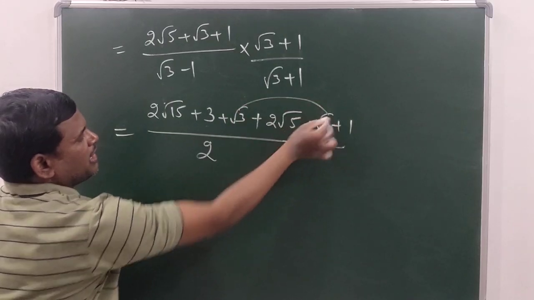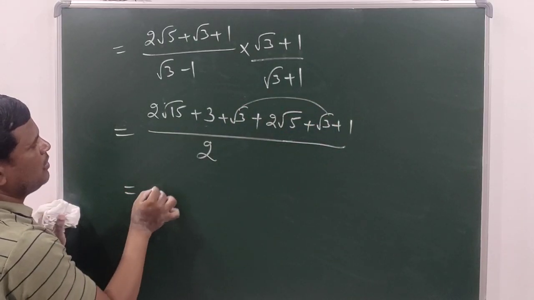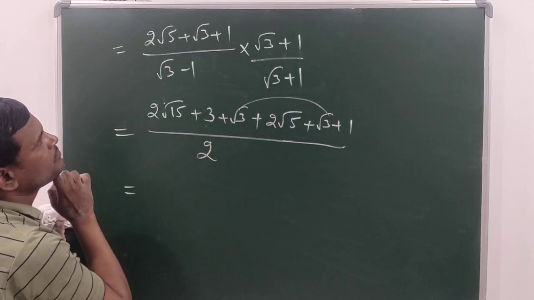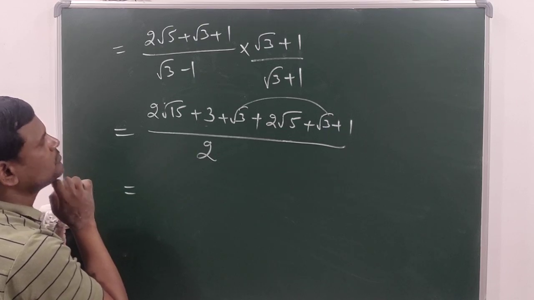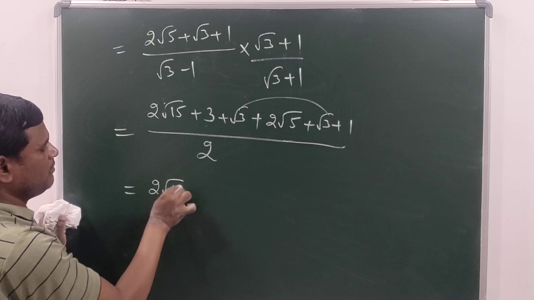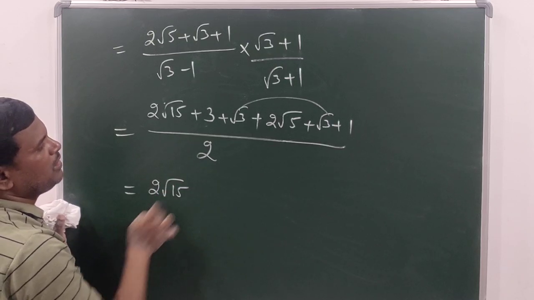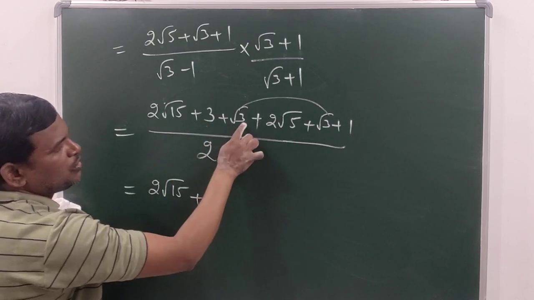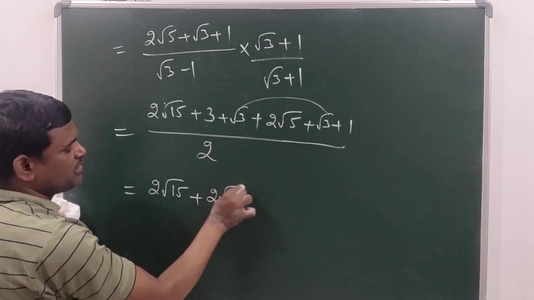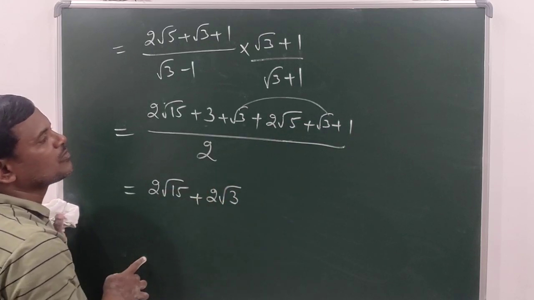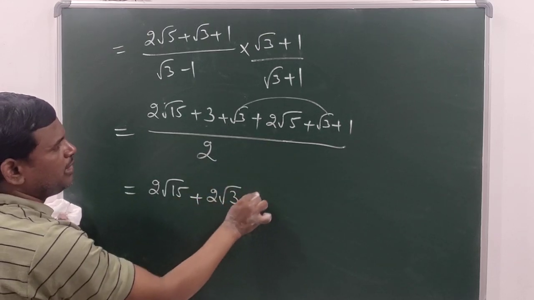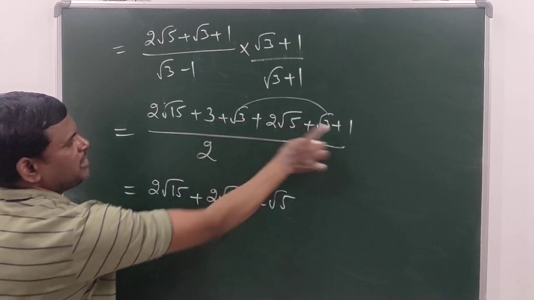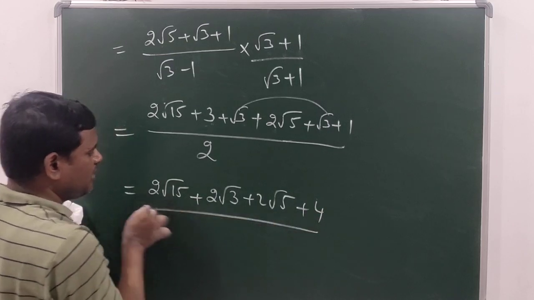Here these two are like terms. So here 2 root 6, here root 3, 2 root 3, here 2 root 2, here 3 plus 1, 4, now divided by 2.